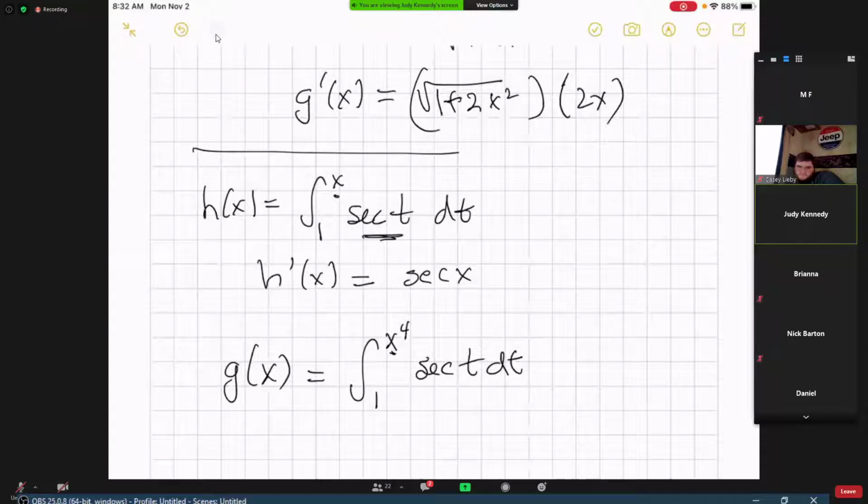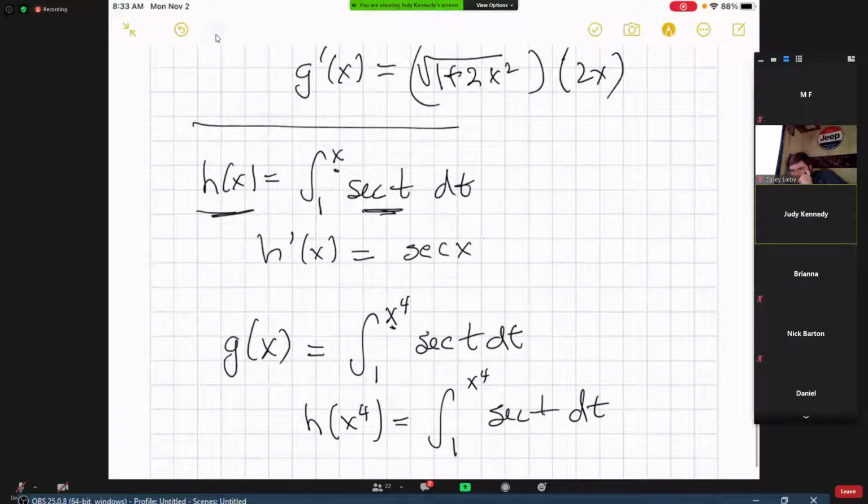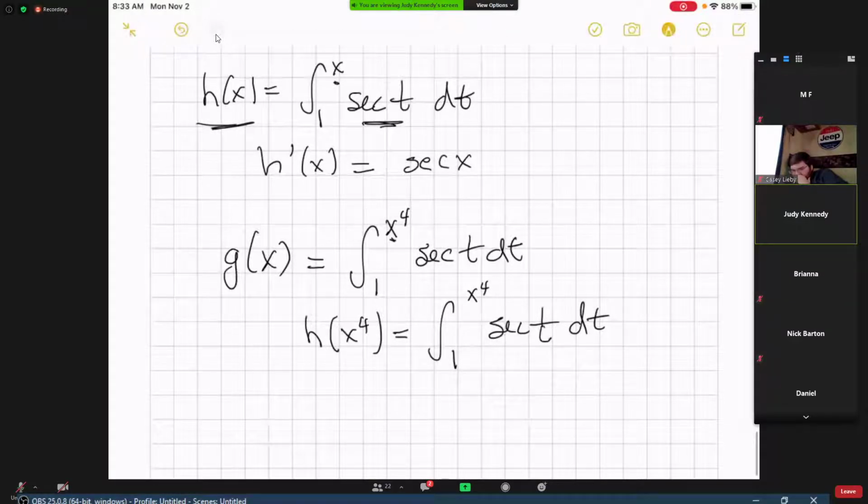This is h of x to the 4th. Here's h up there. H of x to the 4th is the integral from 1 to x to the 4th of the secant of t dt. Well, I've got a composition of two functions here.